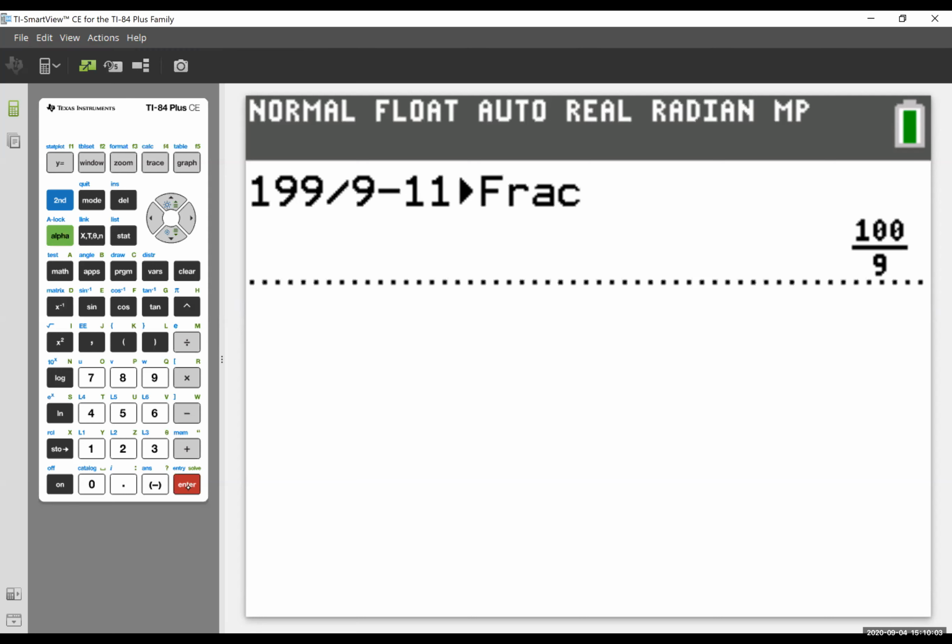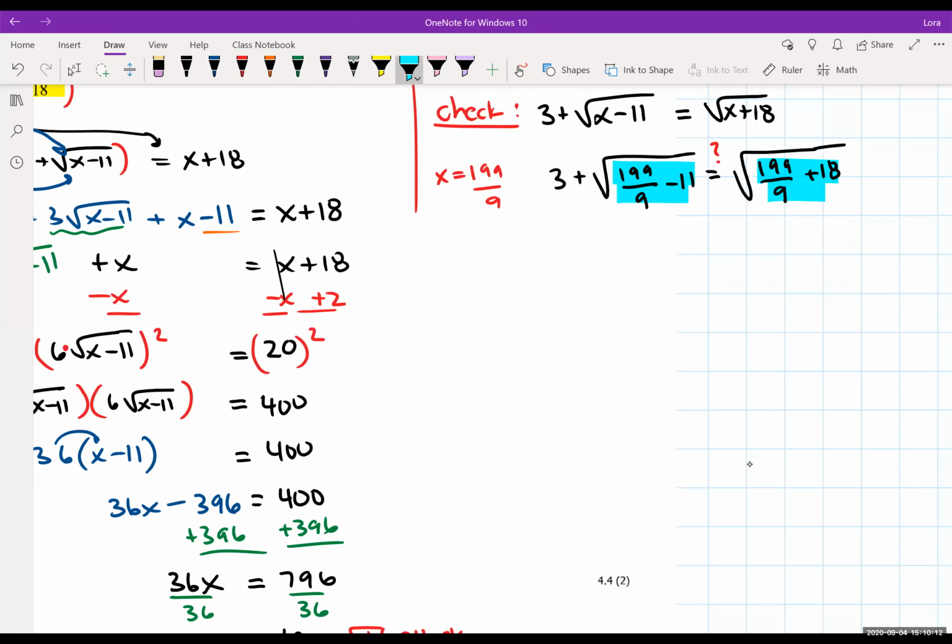So let's include that in our statement. Go back. So I end up having 3 plus square root of 100 over 9. That's looking a little bit more friendly. And I still want to test out, I'm not sure. I really want to know what 199 over 9 plus 18 is.